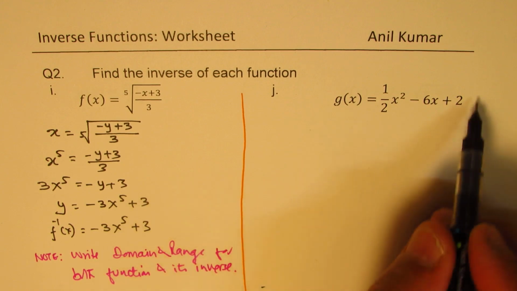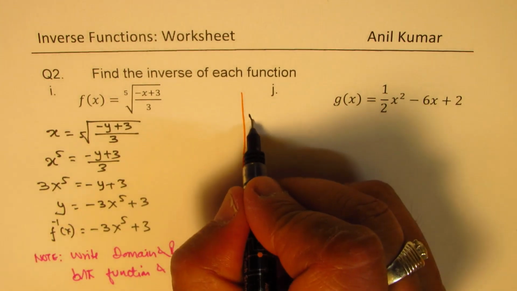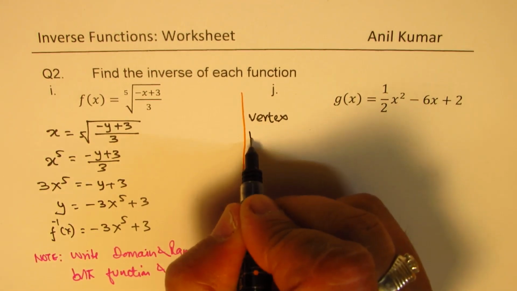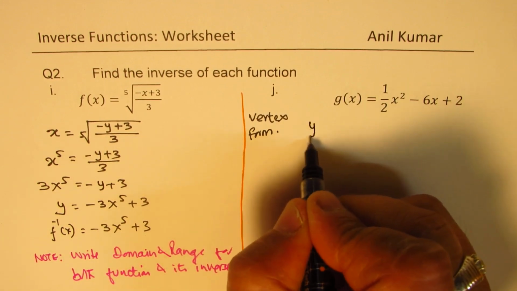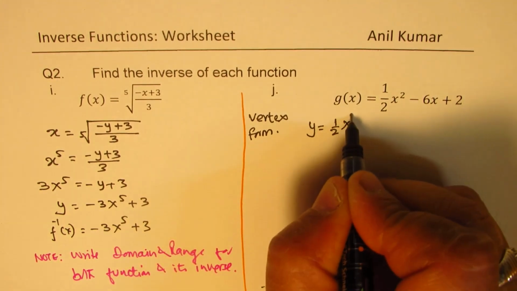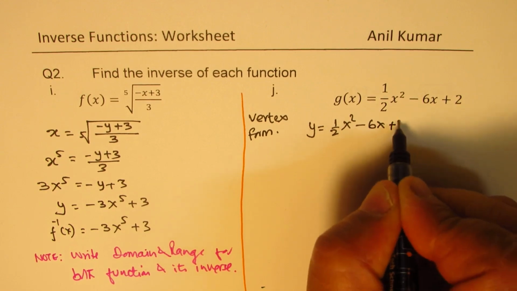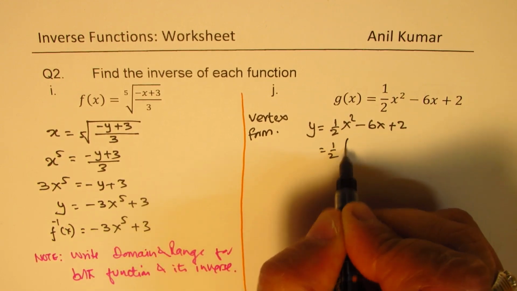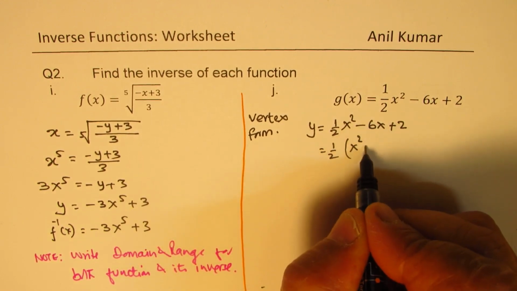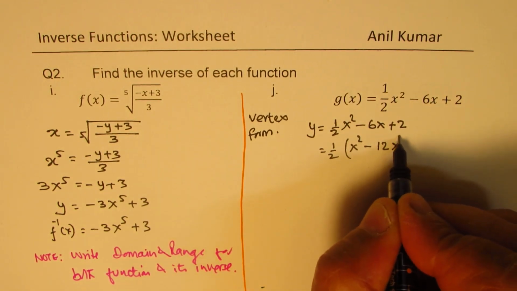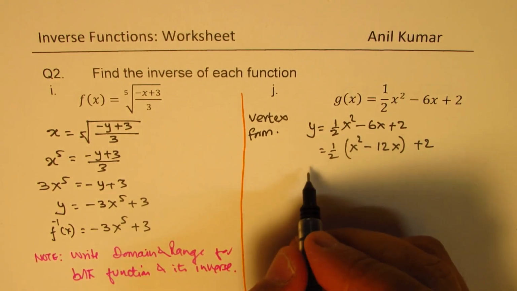So let us first rewrite the equation in vertex form. We have y equals half of x squared minus 6x plus 2. Taking half common, we get x squared, and that becomes minus 12x, plus 2. Half of 12 is 6, right?